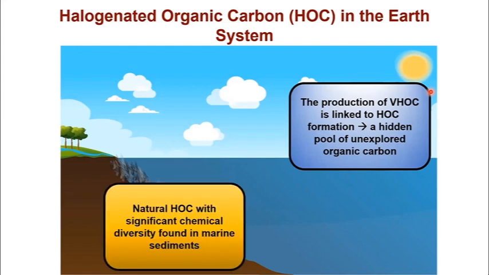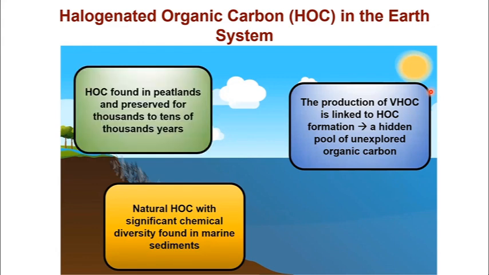And I demonstrated that in marine sediment and also found them in the peatlands work. The peatlands work is still ongoing, so there's a lot more to talk about regarding the biogeochemical role.